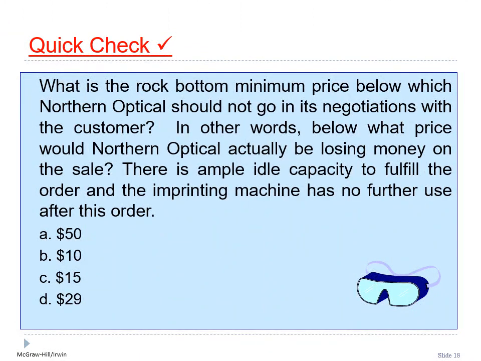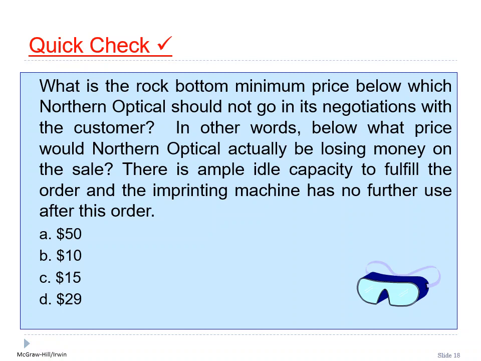The question here, what is the rock bottom minimum price below which Northern Optical shouldn't go in its negotiations with the customer? He is asking what is the minimum price below which the company won't go into negotiations with the customer.